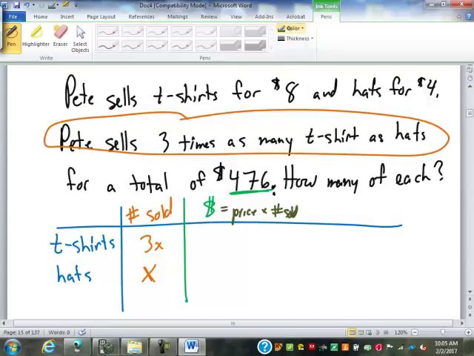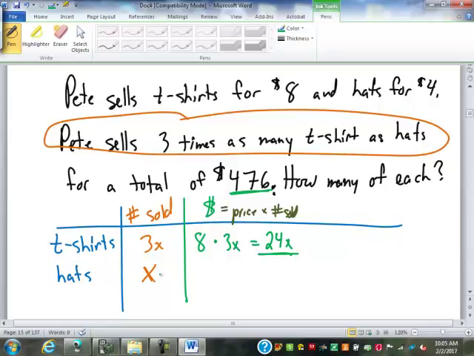So here, for t-shirts, what's the price? $8 times we sold 3x of them. Does that make sense? So the total dollars from t-shirts is 8 times 3x, or 24x. How about hats?